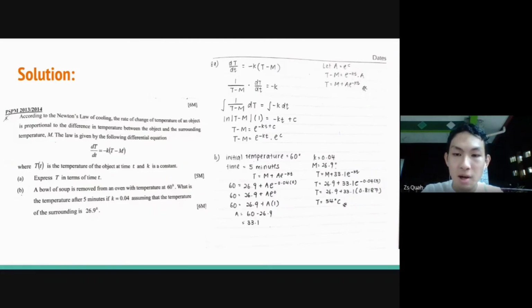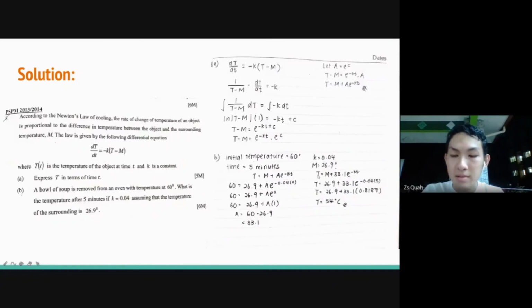So we substitute our values into the general equation, where T is 60, M is 26.9, K is 0.04, and time is 0. And we know that any number powered by 0 equals 1. So we will get 60 equals 26.9 plus A, where A is 33.1.